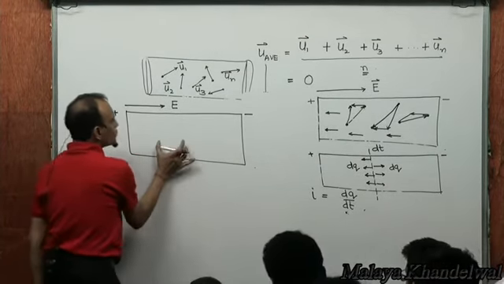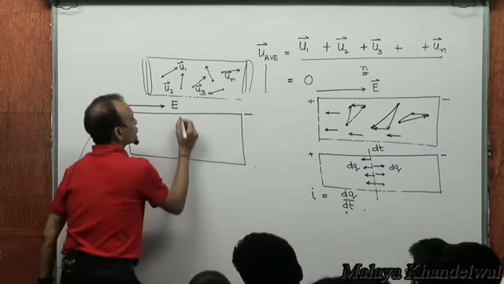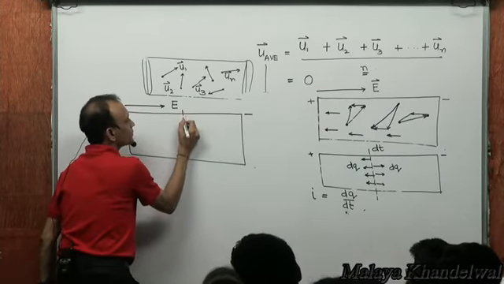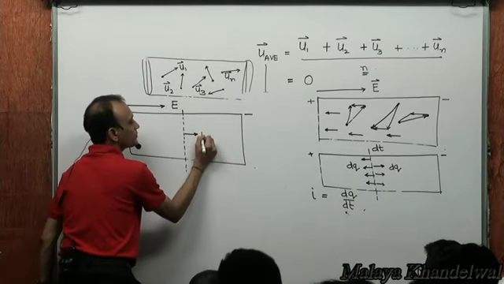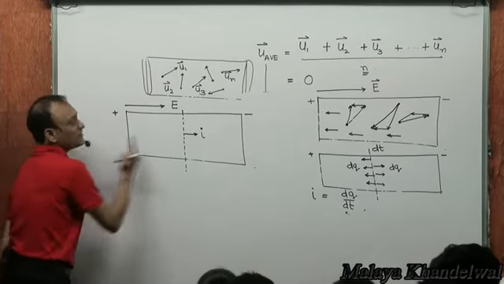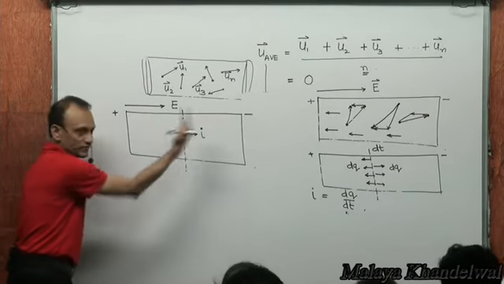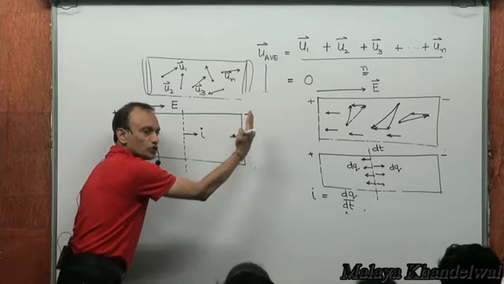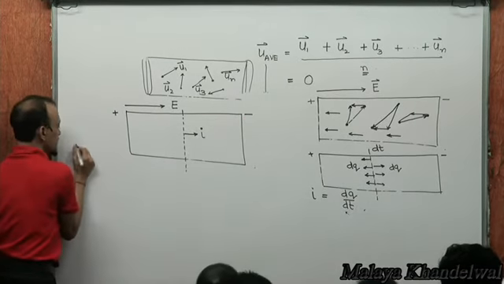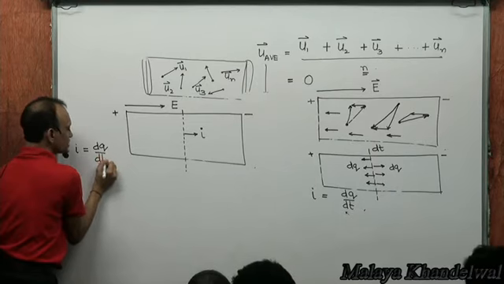And this piece of matter, when an electric field E is applied, results in a current I. Conventional current will be from left to right, whereas electronic current would be from right to left for the figure that I have shown, right? So I'm talking of conventional current now, which is the rate of flow of positive charges through that cross section.